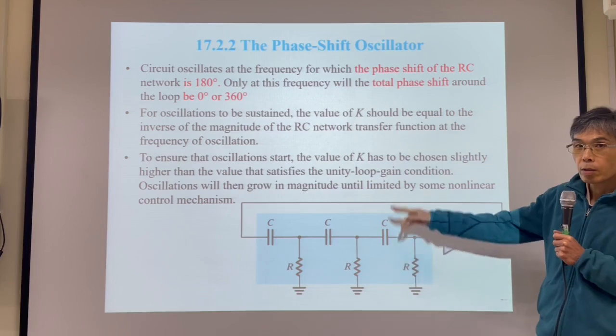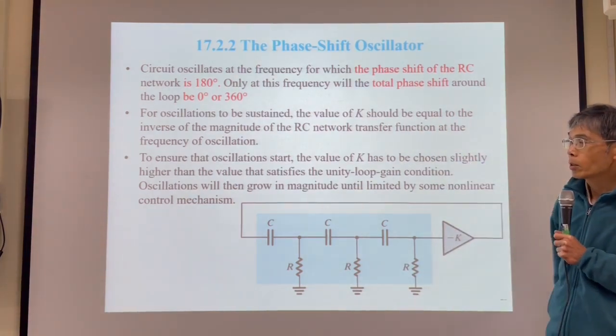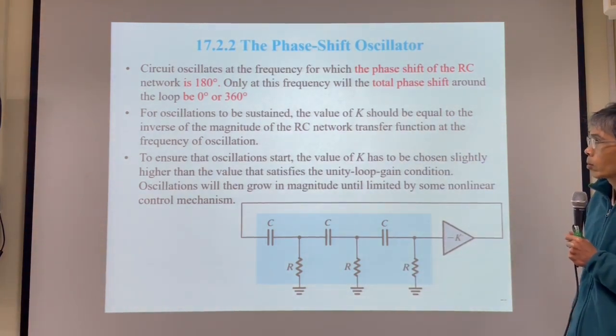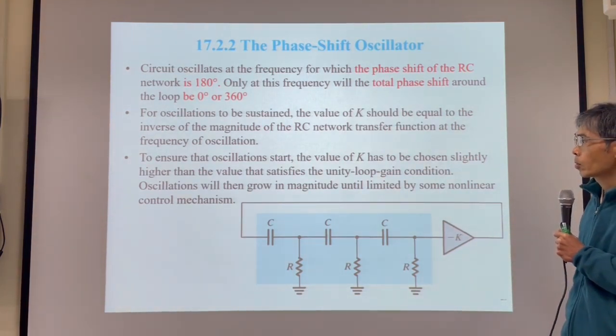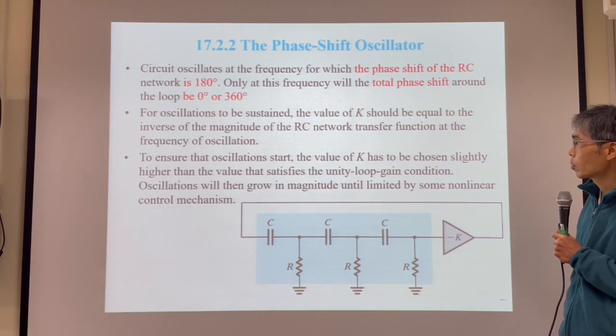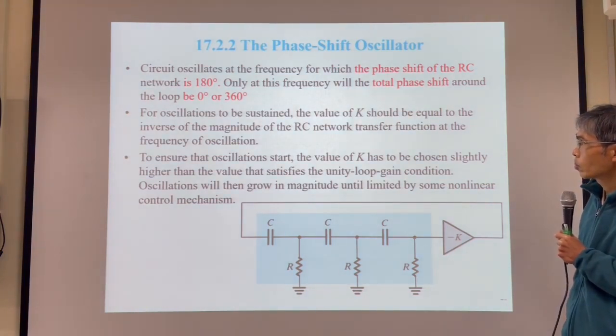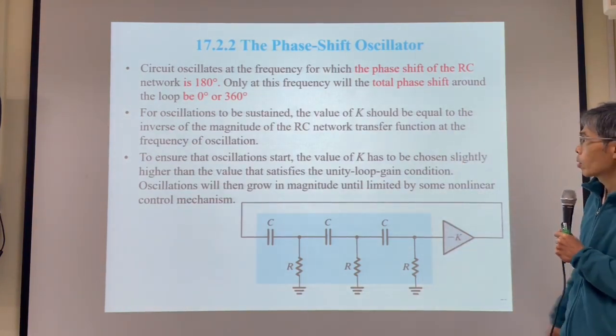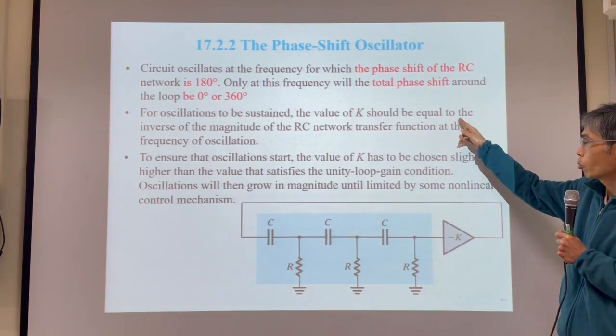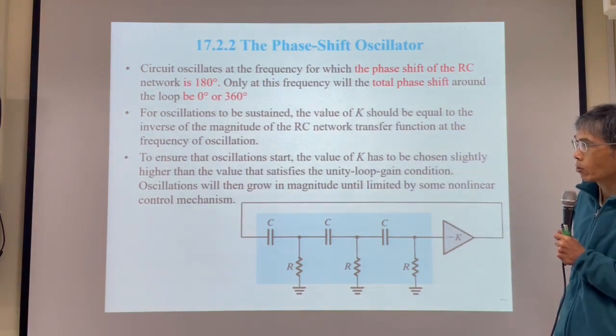Awan, could you read the second one? For oscillation to be sustained, why should K be equal to the inverse of the magnitude of the RC network transfer function?